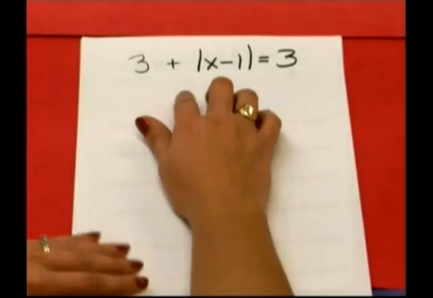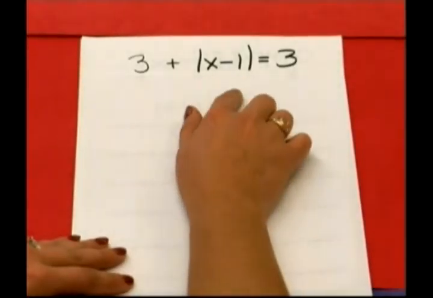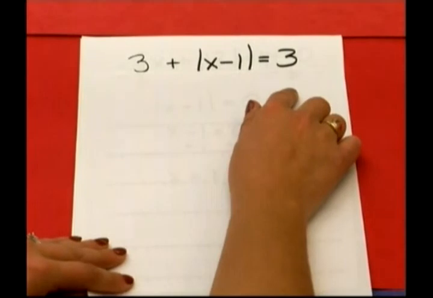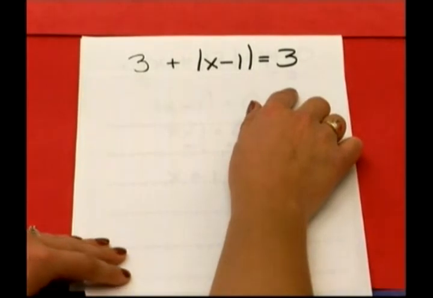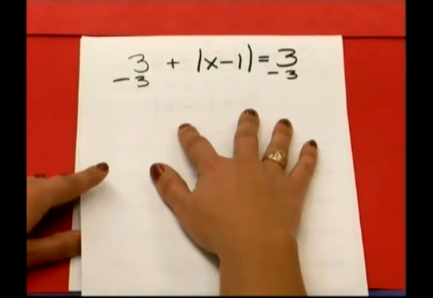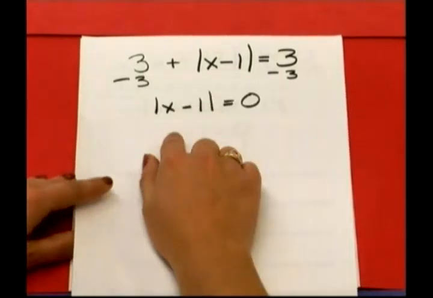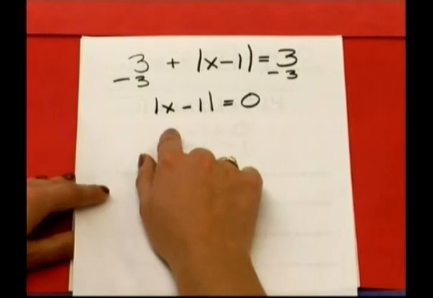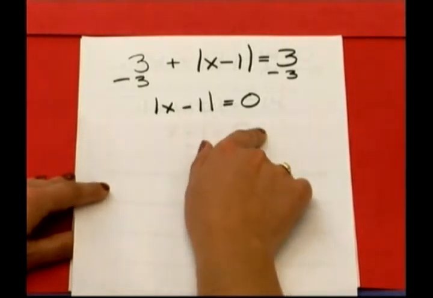So let's look at some of our special situations with our absolute value numbers. We have this problem, 3 plus the absolute value of x minus 1 equals 3. Remember, step 1, isolate the absolute value. So we're going to do this by subtracting 3 from each side, which leaves us with the absolute value of x minus 1 equals 0.